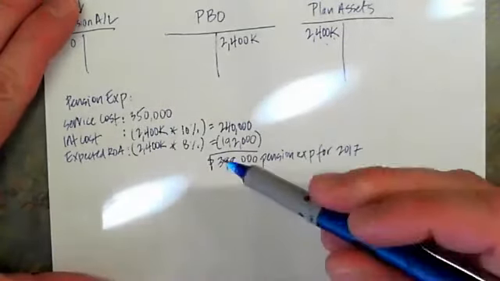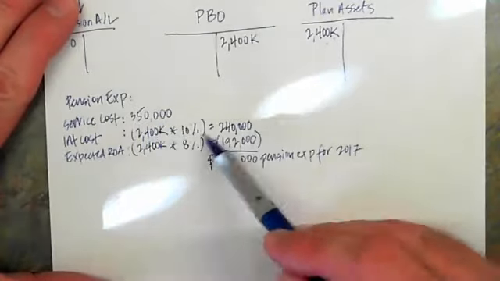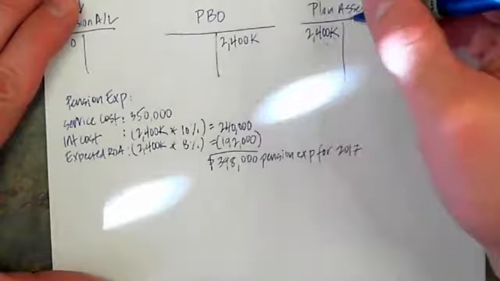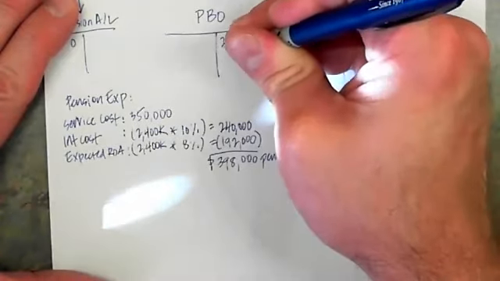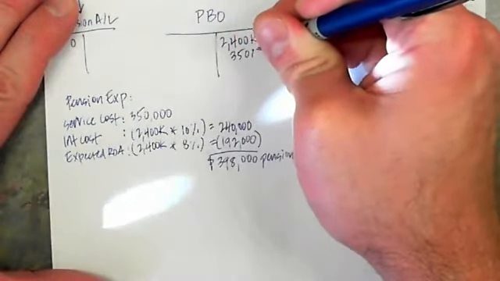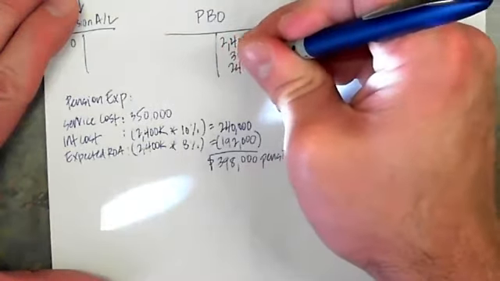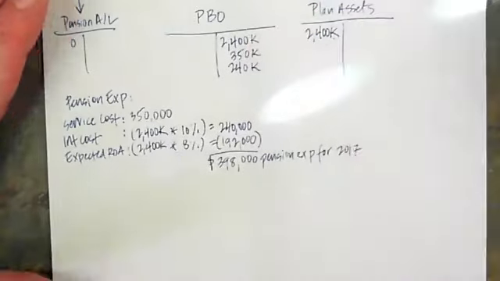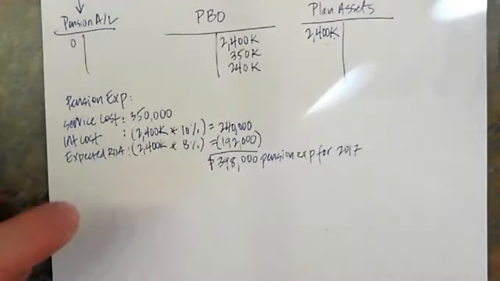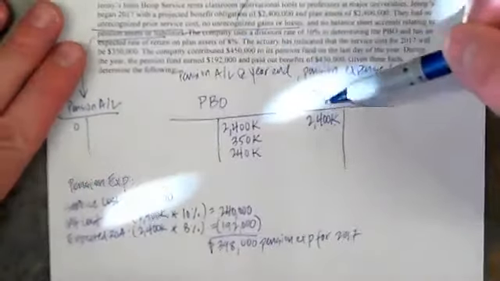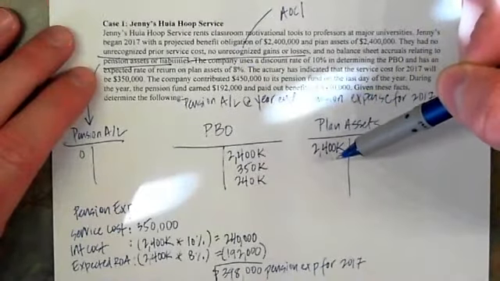And this means we now start plugging in the components of pension expense into the PBO and the plan assets. The service cost of $350,000 would increase my PBO. The interest cost increases my PBO. Now remember, I said not your expected ROA, but your actual return on assets is what you put in your plan assets account.